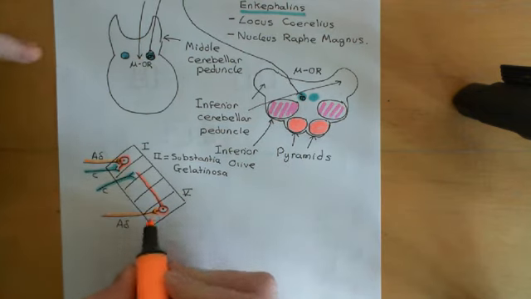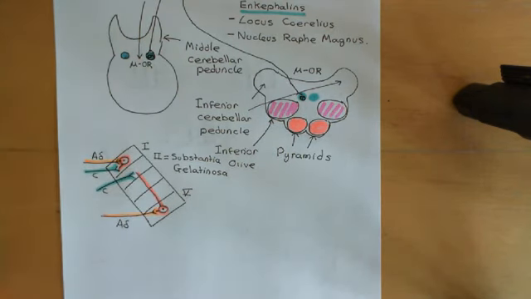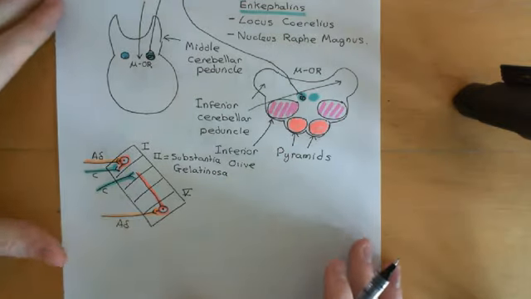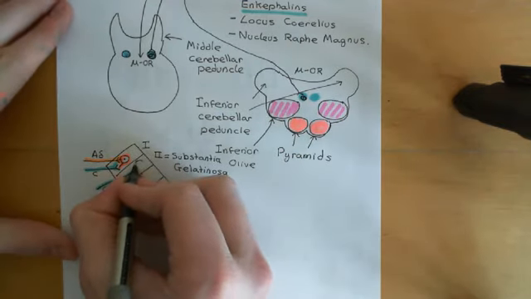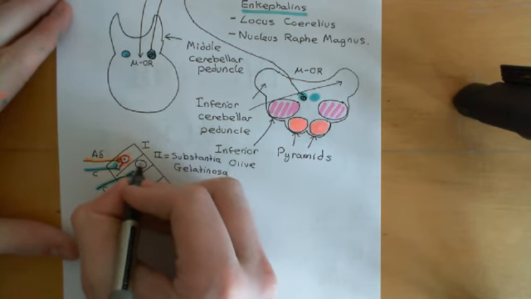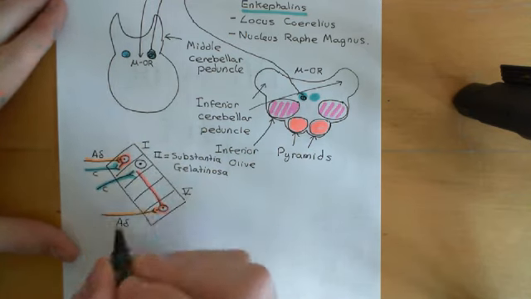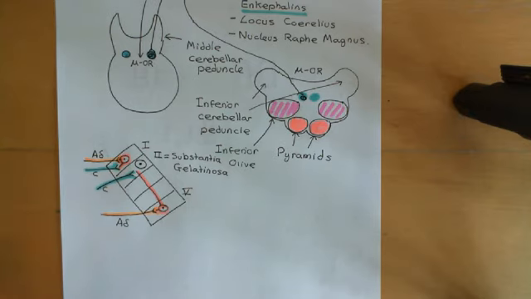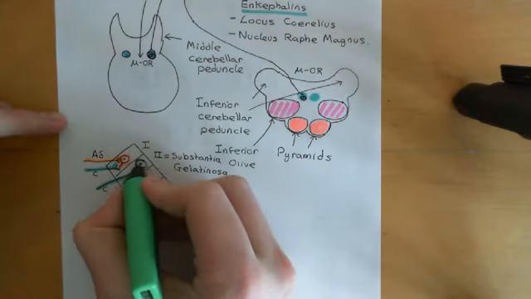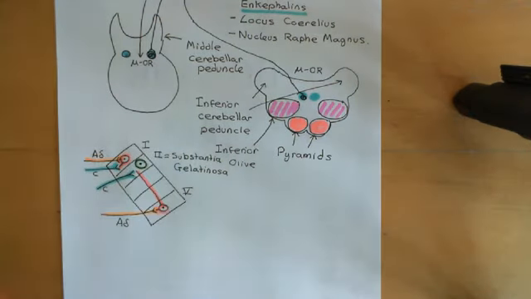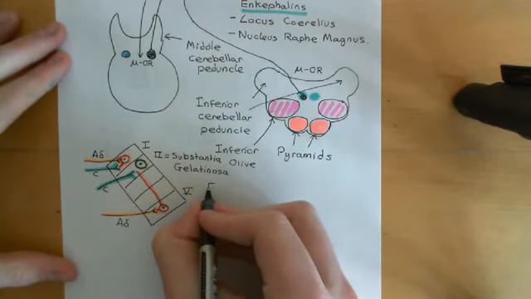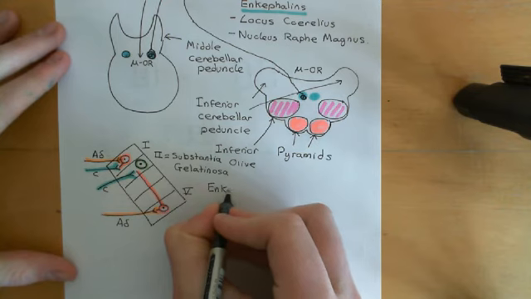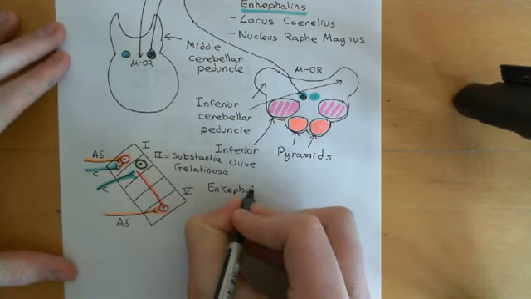Now I want to add a new type of neuron onto this picture that I didn't previously add at all, which are neurons sitting in the substantia gelatinosa, Rexed laminae number 2, and these are going to be interneurons, in green here. Specifically, this is going to be a type of interneuron that has enkephalins, so we can call this an enkephalin containing interneuron.